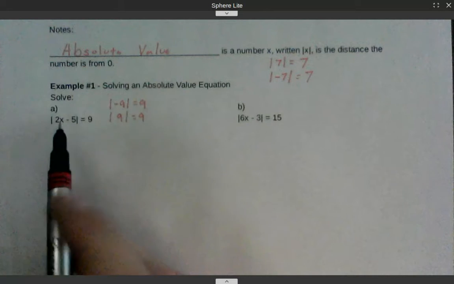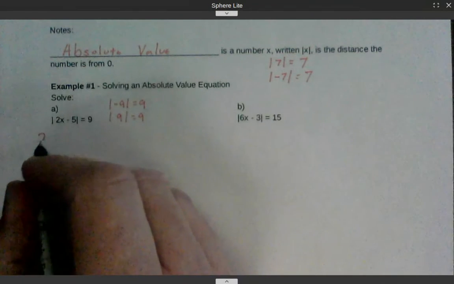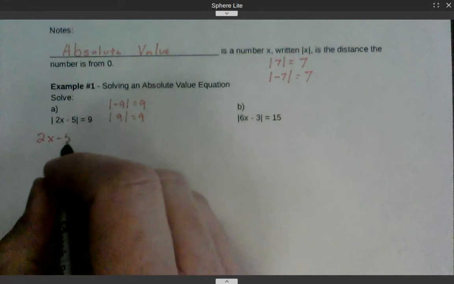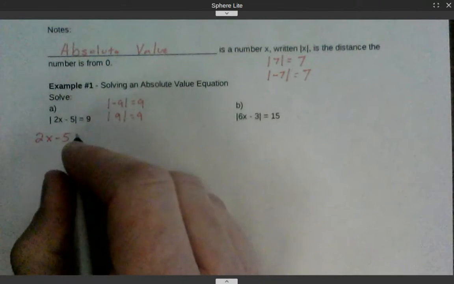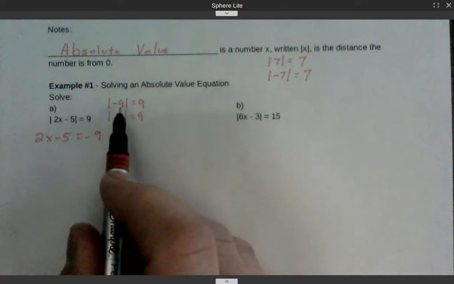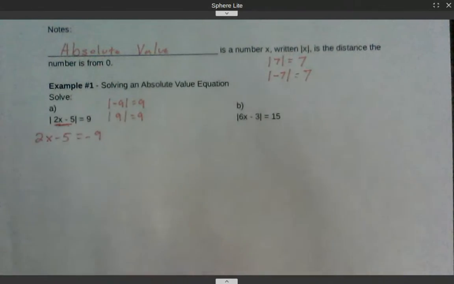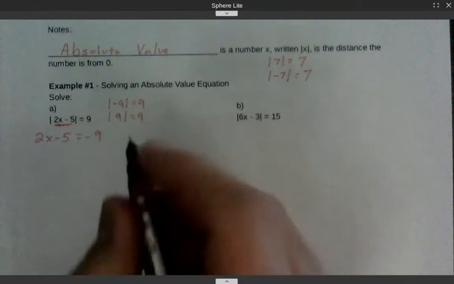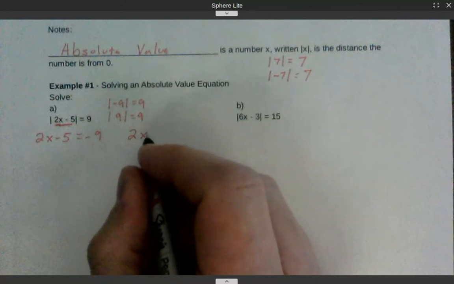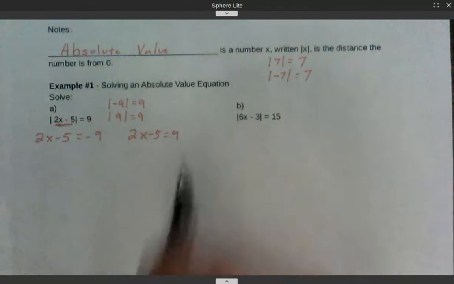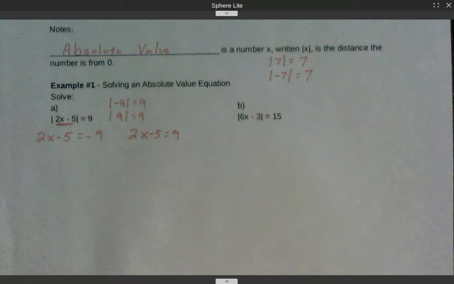So whatever's inside the absolute value signs, 2x minus 5, can be equal to negative 9, so I'm going to set it equal to negative 9. I can also set 2x minus 5 equal to a positive 9, so that we get two different results.